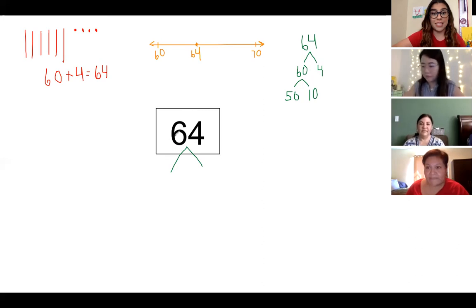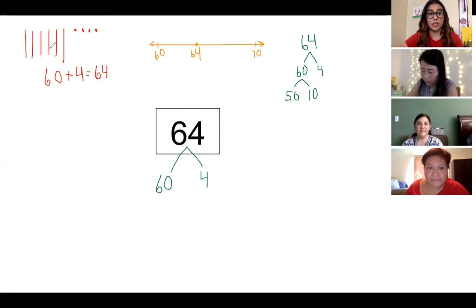So I know the 6 here means I have 6 tens, so that's 60. And the 4 represents my ones, so I have 4 ones. And that's the exact same thing that Ms. Hernandez did here. She visually represented our tens, our 10 rods, and our units, showing 6 10 rods and 4 units.